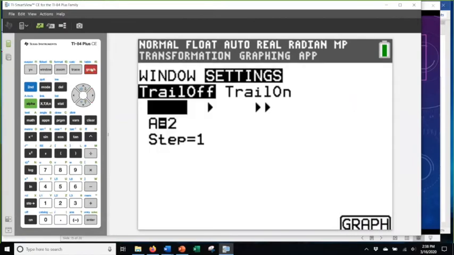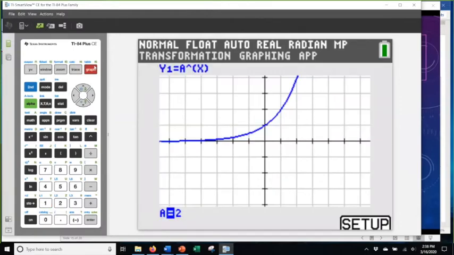If I hit graph, I jump right to my settings, and I can change my step size. And so we can take a look at what happens if we go through our base stepping by 0.1. There's 2.1, 2.2, 2.3, 2.4. You can maybe estimate E if you like.